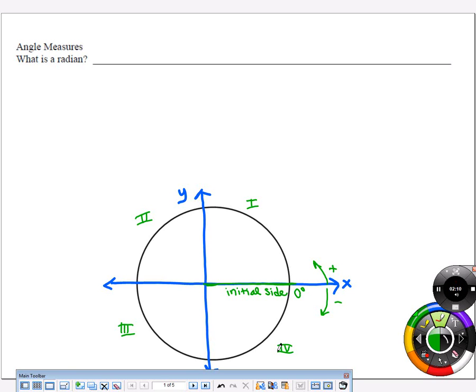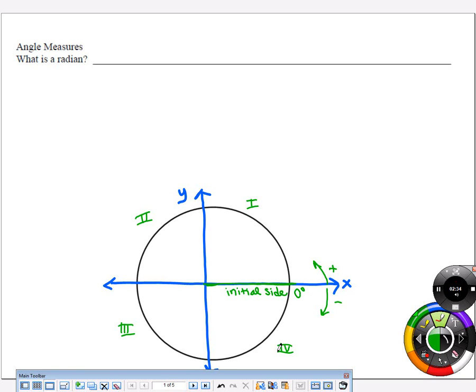If I'm going to draw a 20-degree angle, which quadrant am I going to be in? Quadrant 1, right? Okay. Because to get out of quadrant 1, how big would my angle have to be? So all the way from here to here is still in quadrant 1. How many degrees is that? 90 degrees, right?